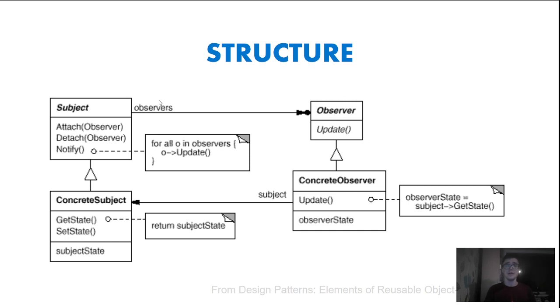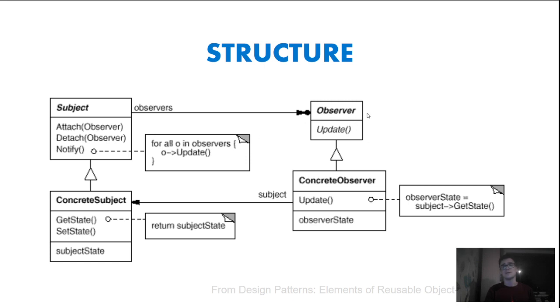The first one is the subject class, and the subject class is for adding or removing observers from the subject's observer list, or any other data type that you can use to keep elements inside. And finally, but not least, to notify all the observers with events that have happened.